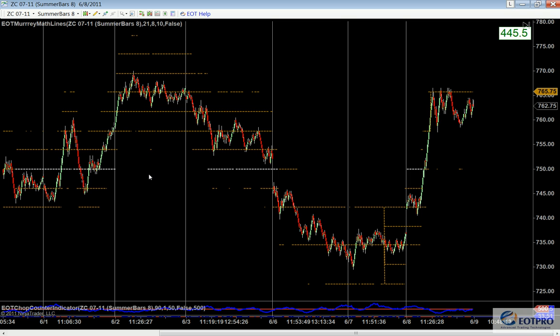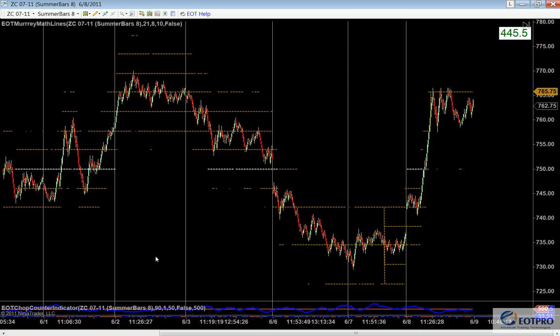And you can see Murray Math is a little more reactive when price goes into chop. You can see here how the Murray Math lines are pretty close together, and then as we break out, the lines start to get a little wider apart.